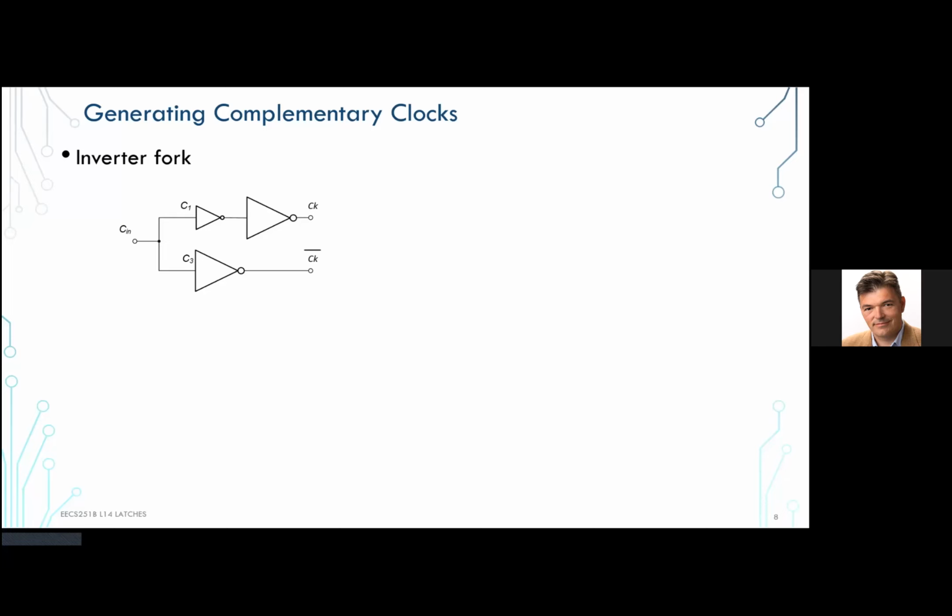I'm not going to put myself through solving a quadratic equation, but if you solve that, you'll find out that G of the fork, and this thing is called the inverted fork, if sized correctly, is approximately 1. So from the clock input to generating complementary clocks, the added logical effort is very small.